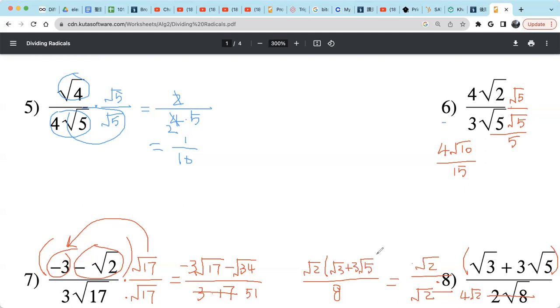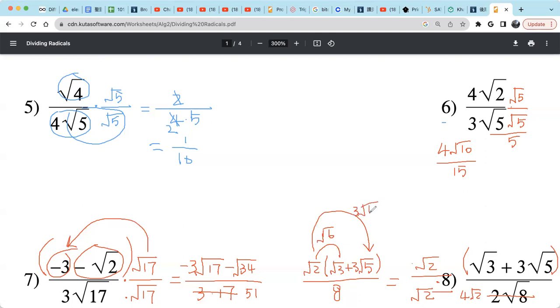Unless the question says, okay, expand them. Then we multiply those two. That would be square root of 6. Right? Then we multiply those two. That would be 3 square root of 10.